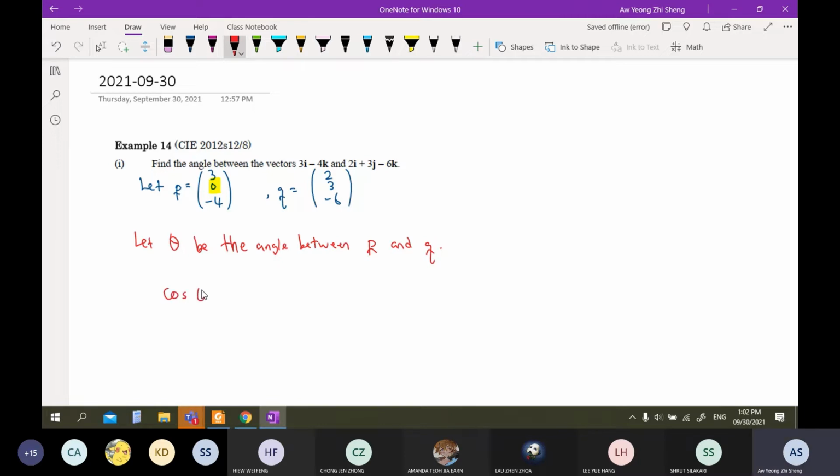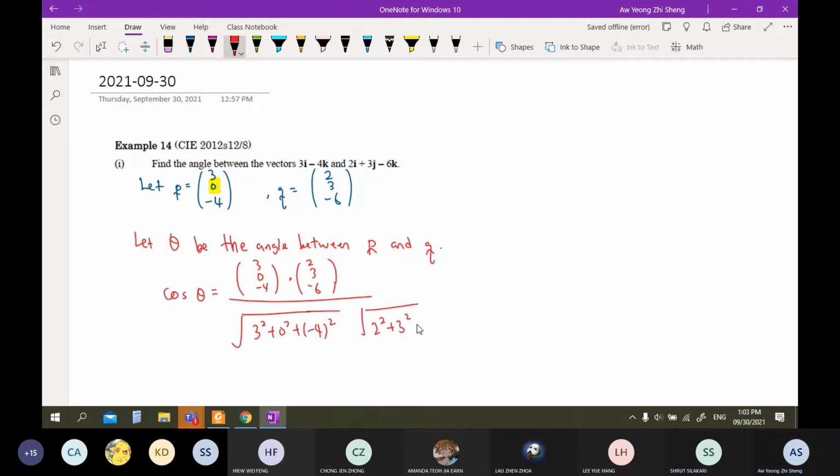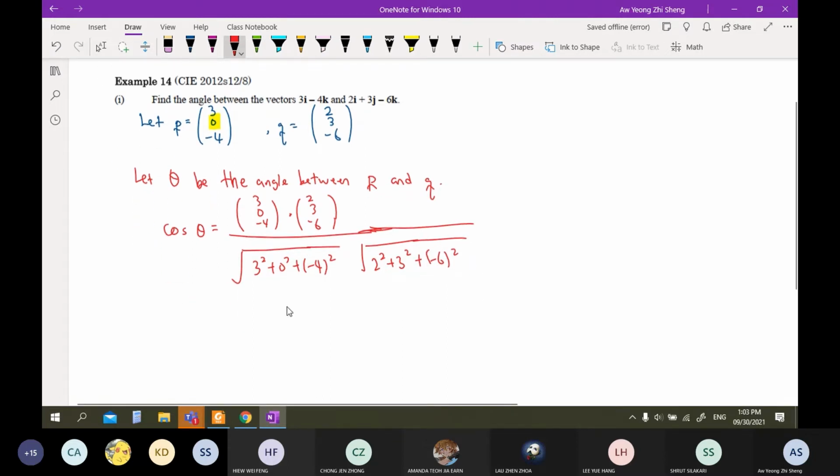And then we have cos of theta is just (3, 0, minus 4) dot with (2, 3, minus 6) divided by the product of their lengths. Compute the dot product as usual.